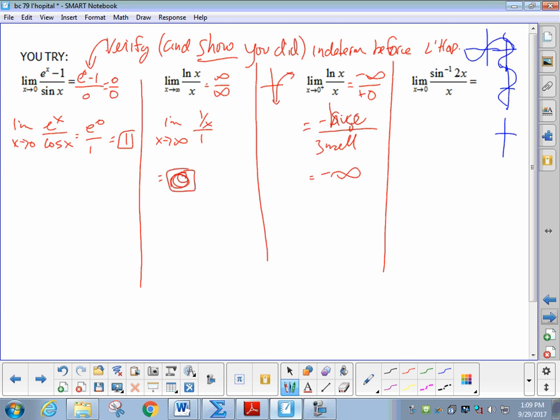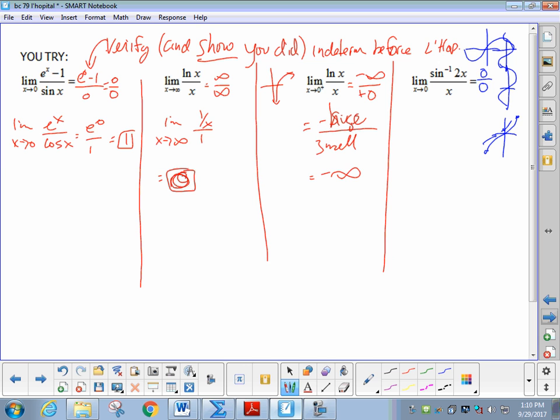The function arc sine only goes from negative pi over 2 to positive pi over 2. That said, as x goes to 0, what does arc sine go to? 0. Whether you do that graphically, which is how I think, or analytically, either way, the top goes to 0. The bottom goes to 0, obviously.